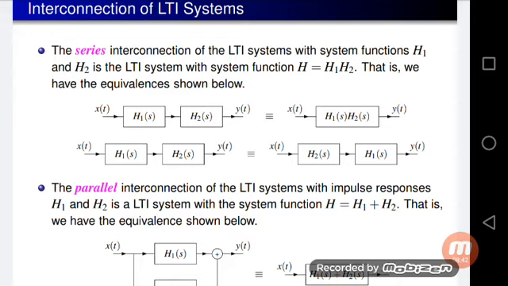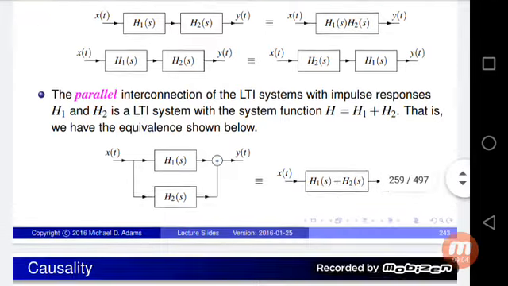In parallel interconnection of LTI systems with impulse responses h1 and h2, the system function is H equal to H1 plus H2, that is, we have the equivalence shown below.